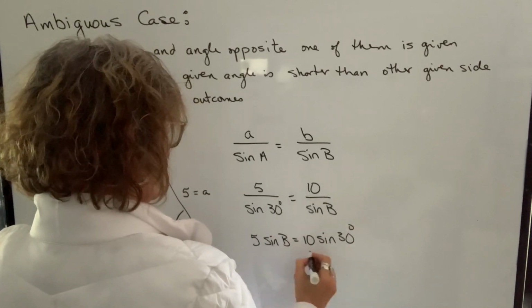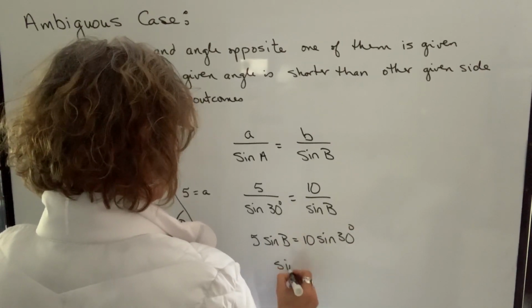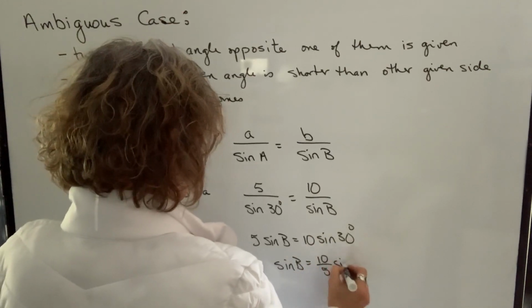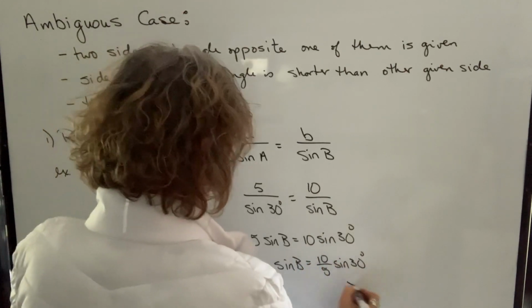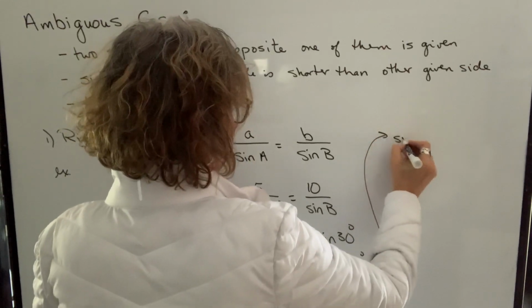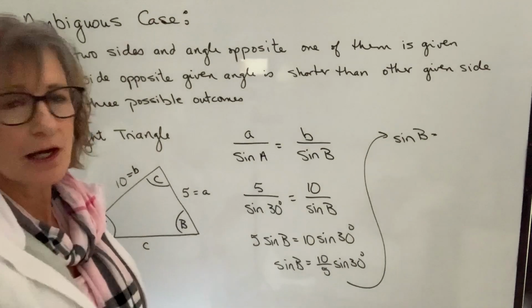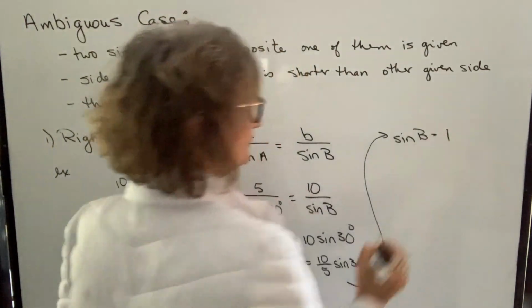Then we're going to divide both sides by 5. And when we calculate this, we actually get a value equal to 1.